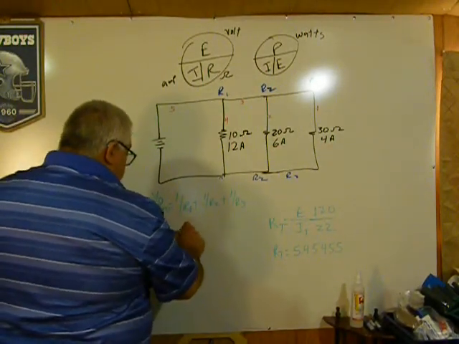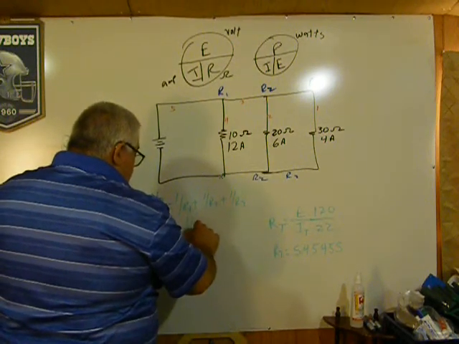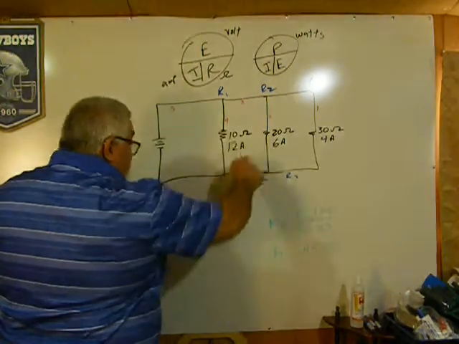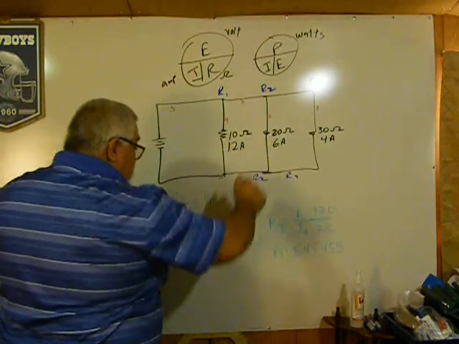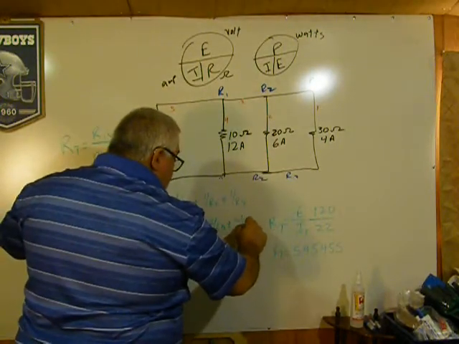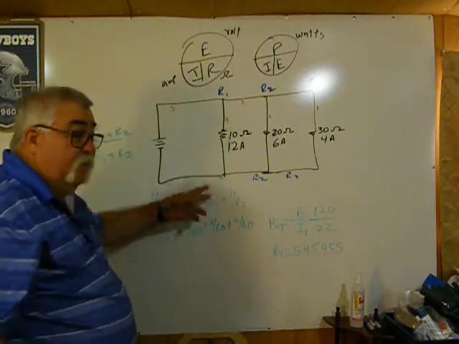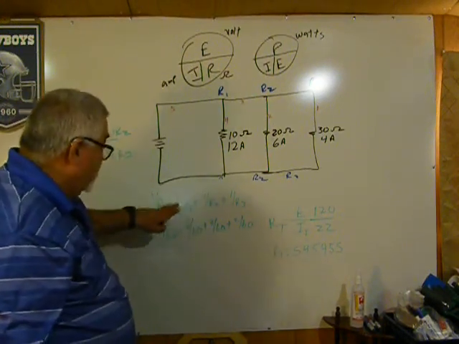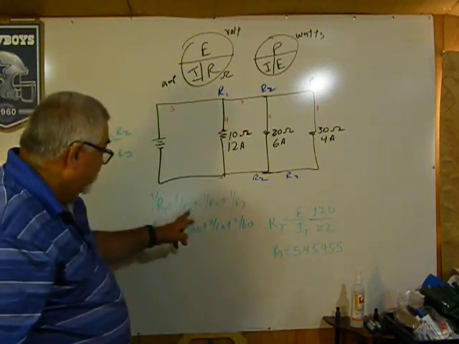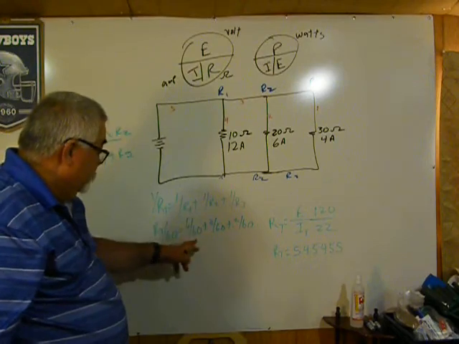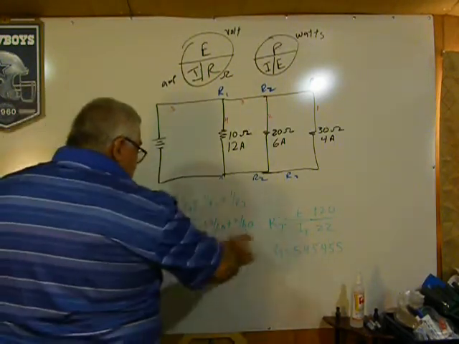Okay. 10 goes into 60 6 times, plus 20 goes into 60 3 times, plus 30 goes into 60 2 times. Okay, you got to remember it's a reciprocal, we flipped it. So we have to have a common denominator, so we turned this 1 into a 60. And then we divided our 1 into that 60 to give us the top number. Okay, so we got it across.